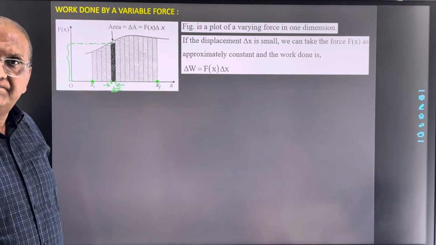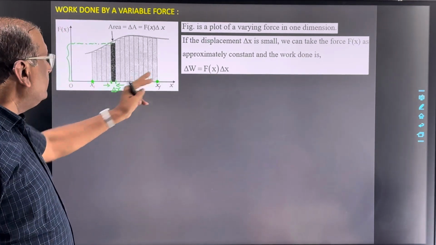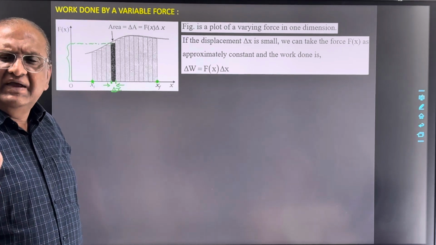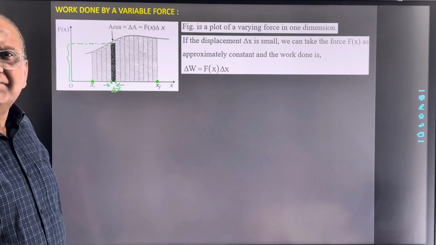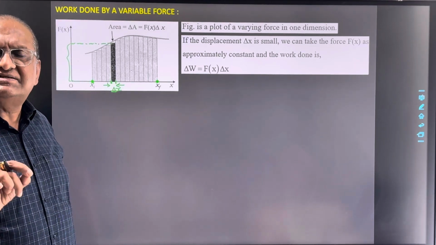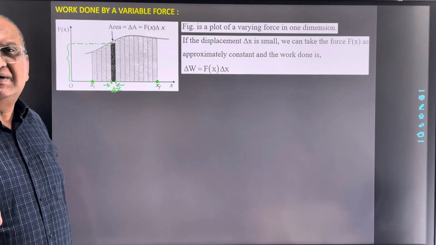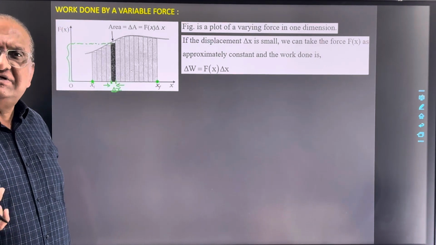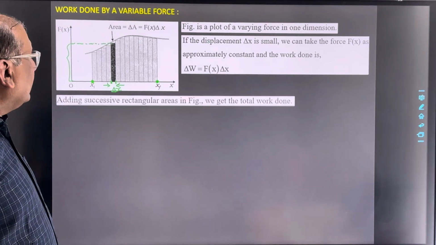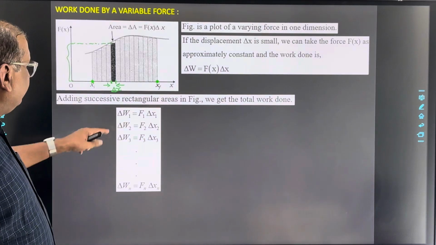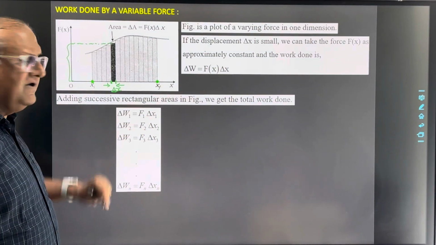In this way, suppose starting from initial position to final position, we consider so many infinitesimal small displacements, delta x1, delta x2, delta x3, delta x4, like that. And for each small displacement, suppose the constant forces are F1, F2, F3 respectively, then we can write the work done for the first delta x1 displacement, that is delta W1 equal to F1 delta x1.